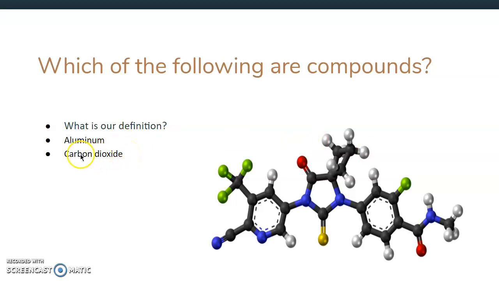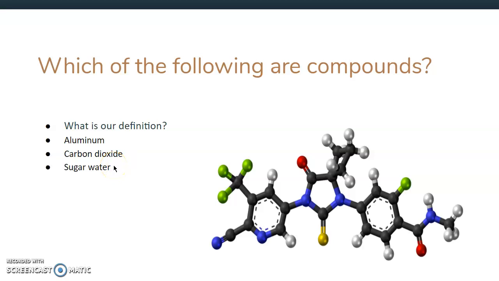So carbon, we learned just a few minutes ago, is an element. Now dioxide. The dioxide stands for 2. So di stands for 2, and oxide stands for oxygen. So CO2. Now that has 2 or more elements. It actually has 3 elements in it. So carbon dioxide is a compound.